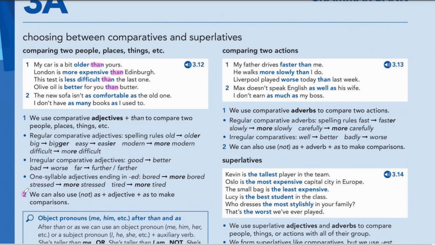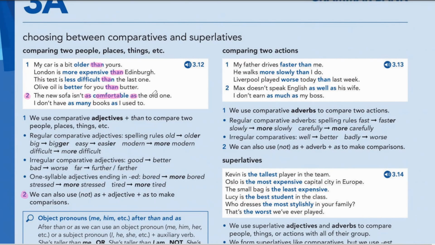Now, the second point: we can also compare two things or two places or two situations or two people in a different way. And that is a combination of as... as. Between as, you put the normal adjective, not the comparative. The new sofa isn't as comfortable as the old one.